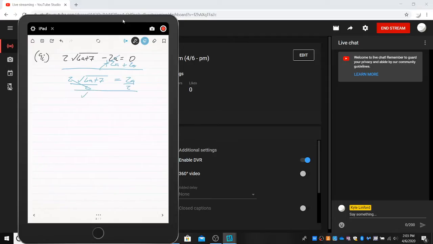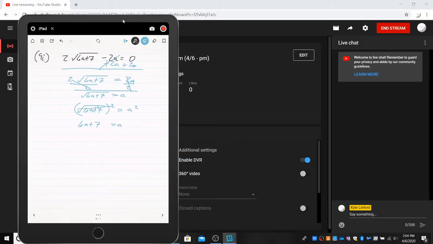We'll end up with the square root of 6a plus 7 equaling just a. All right, now we want to square both sides. So let's do that. The square root of 6a plus 7 squared and a squared. Well, the square root and the exponent cancel out, so we're left with 6a plus 7.